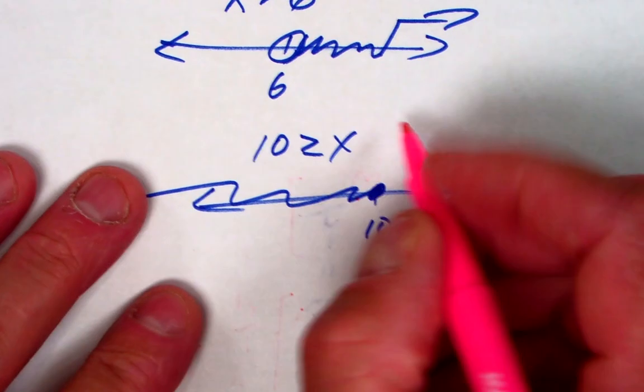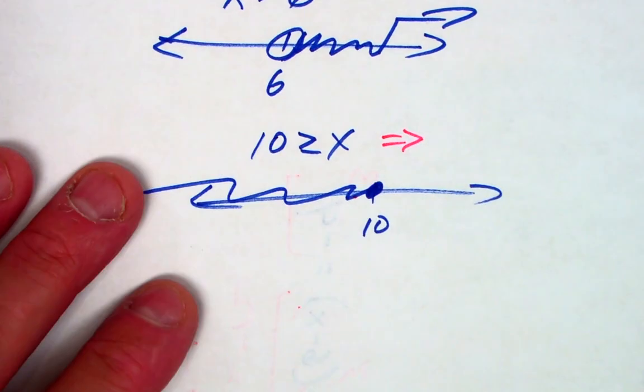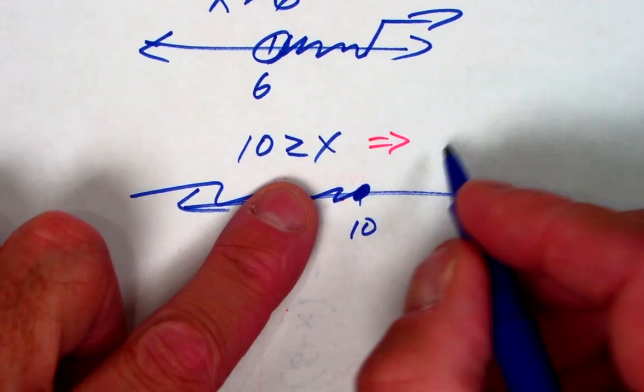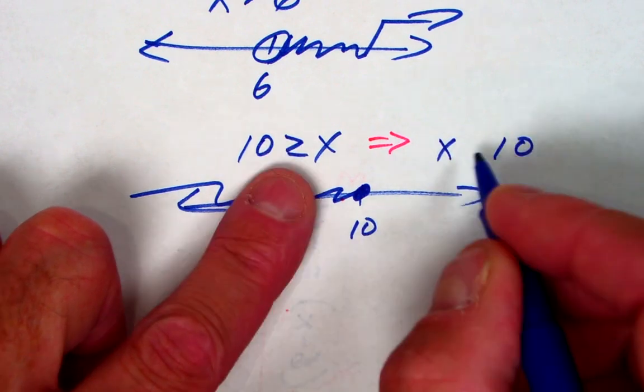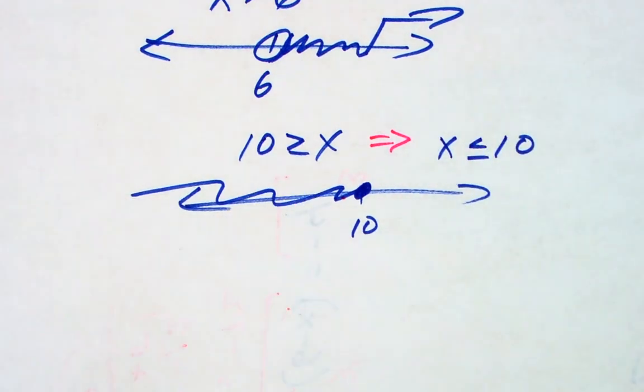If you have to, which I'd like to think you don't have to, you could go ahead and reverse that, but then you've got to reverse that as well. It's pointing to the x to start with. It's got to be pointing to the x when you're done. Okay? Don't write this next part down.